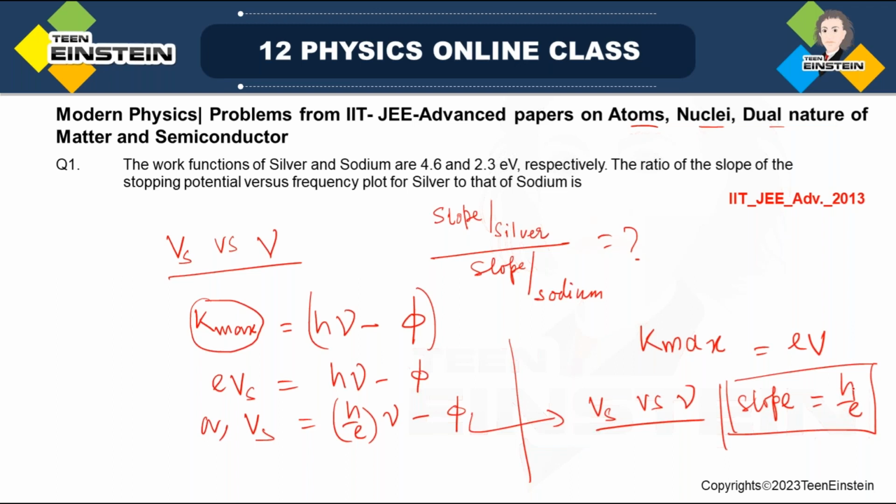Here e is the electronic charge and h is the Planck constant. As a whole, the slope is a constant.